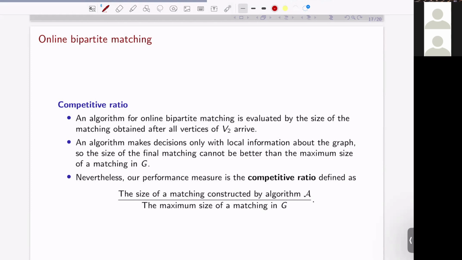Its value will be smaller than 1 because, again, my online algorithm has limited access to the graph. So the matching computed by this algorithm will have a smaller number of edges than the maximum matching. And the question is, I still want to achieve a high comparative ratio. Can I prove that it can be at least some constant all the time? Like an approximation algorithm that we talked about.